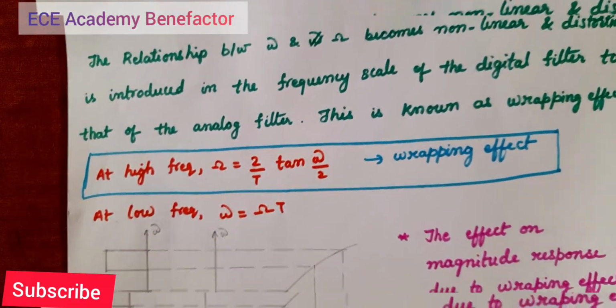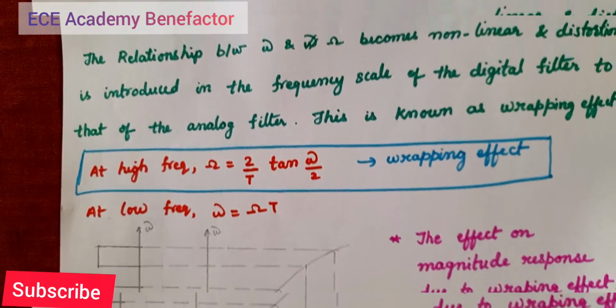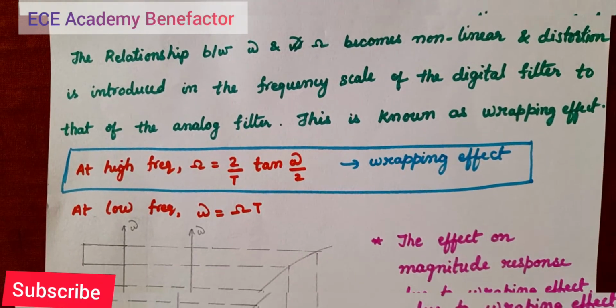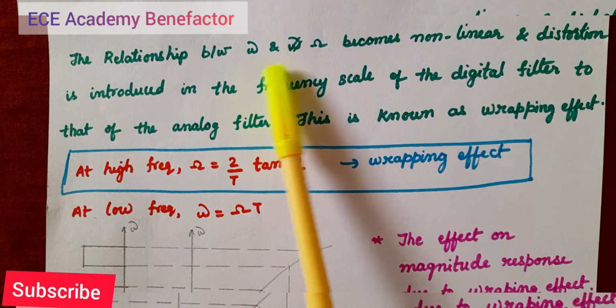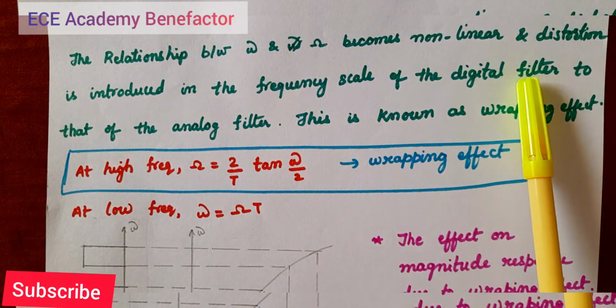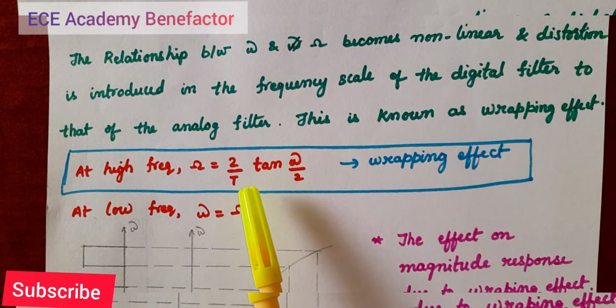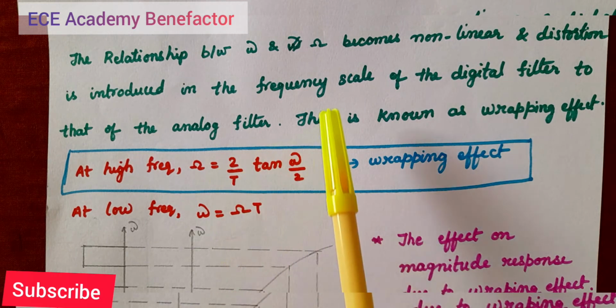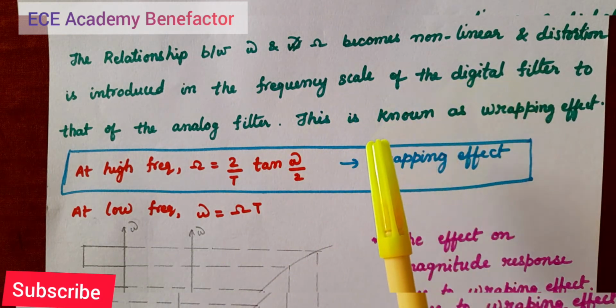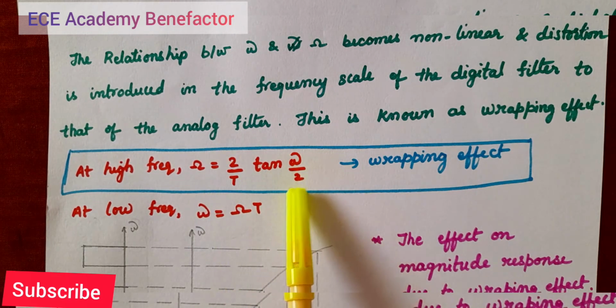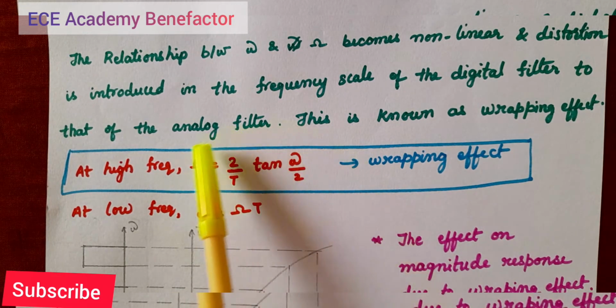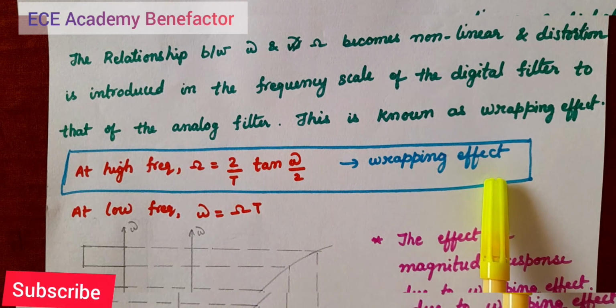So, let us go into the amplitude and phase response leading to distortion due to wrapping effect. We have seen the relationship between omega and ohm becomes non-linear, and the distortion increases in the frequency scale of the digital filter due to the equation 2 by T tan omega by 2. This equation is responsible for the wrapping effect.